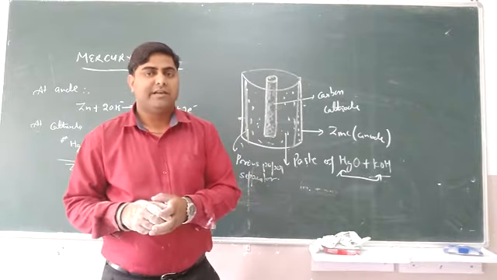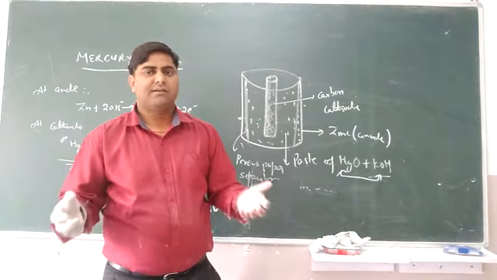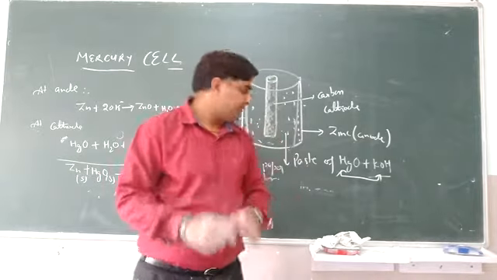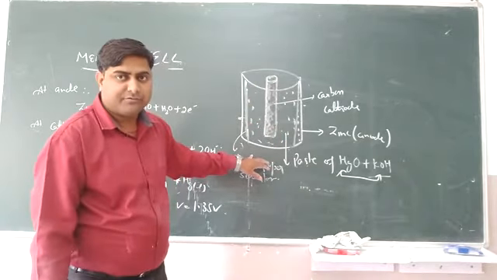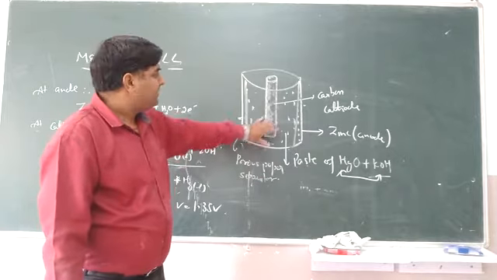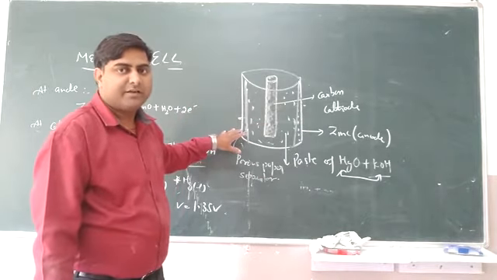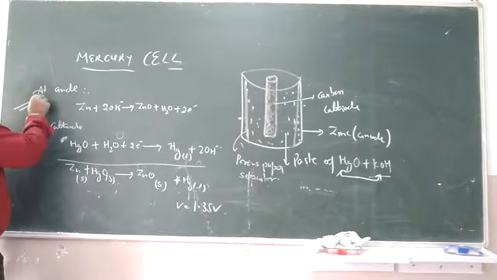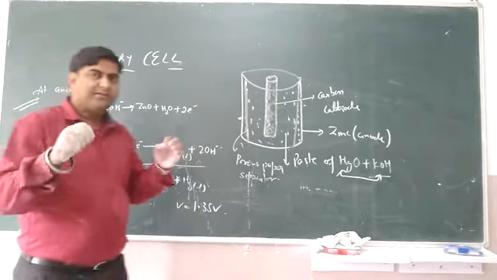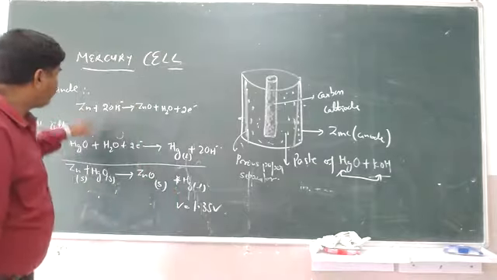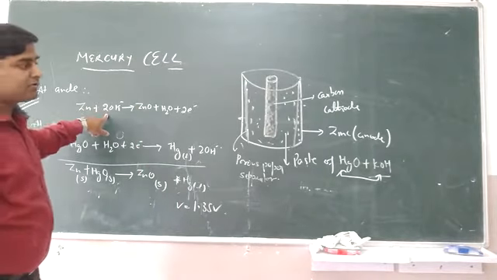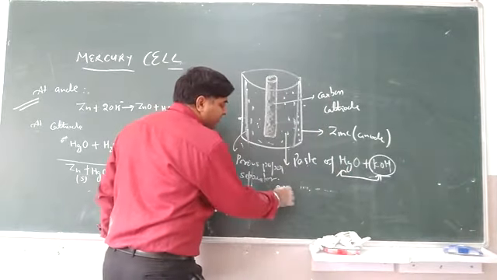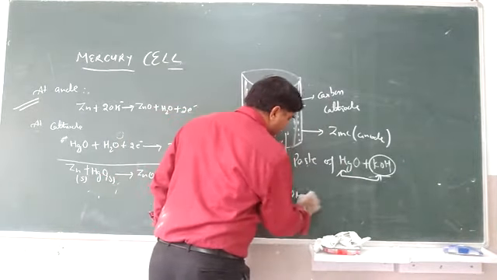So when the reaction takes place, of course, zinc gets oxidized, and here mercury gets reduced. So this is the diagram for the mercury cell, and here you can see the reaction at anode. Since zinc gets oxidized, zinc reacts with two hydroxide ions which we get from KOH, because KOH is a strong alkali.